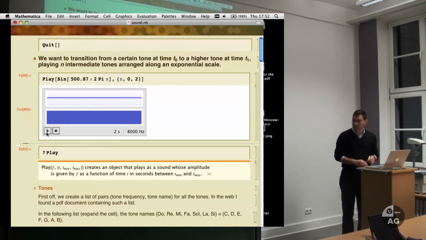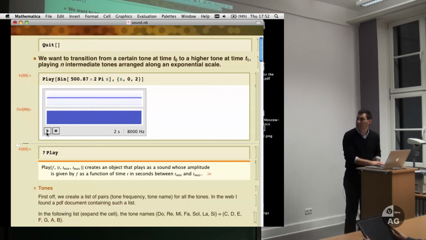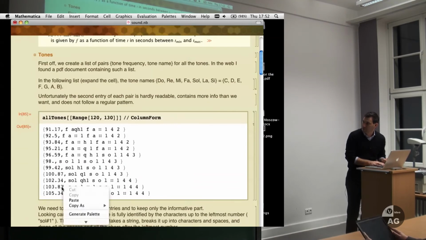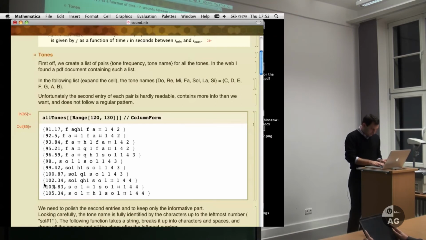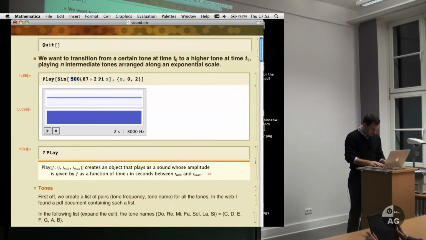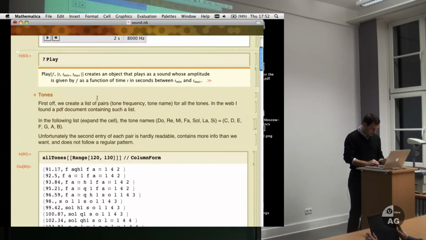So these are 2 seconds of some tone. Well, if you read the music, this is a sol. Let's take this. But this is a very, very low octave, probably. But let's try. We cannot hear it exactly.